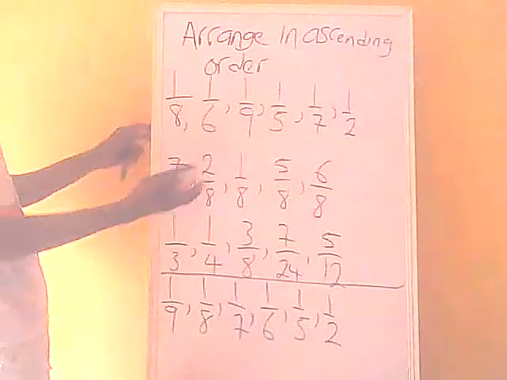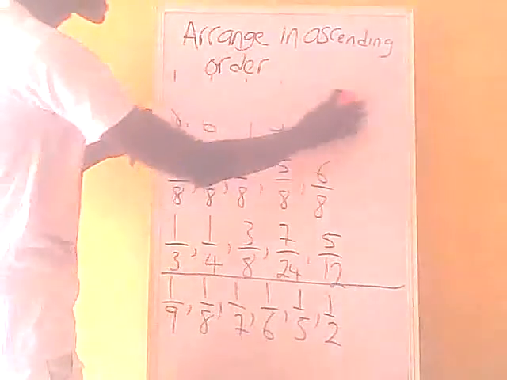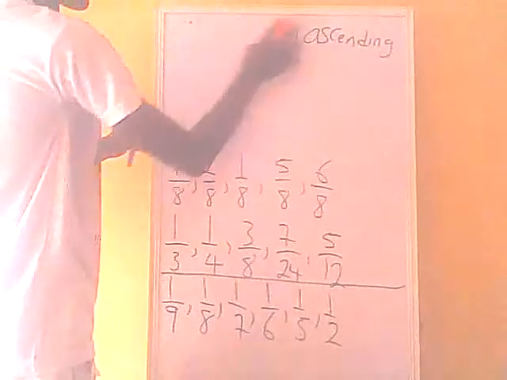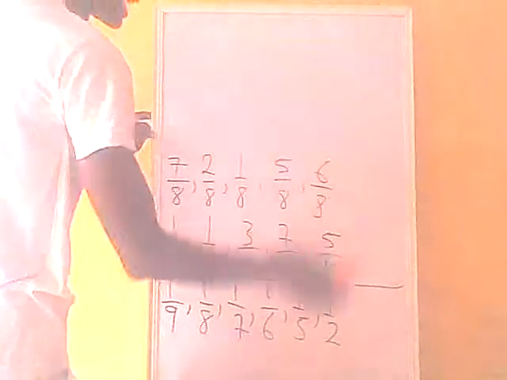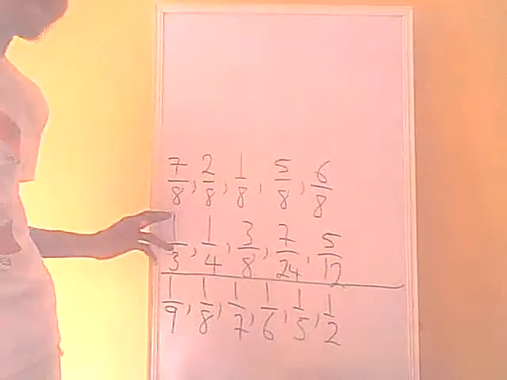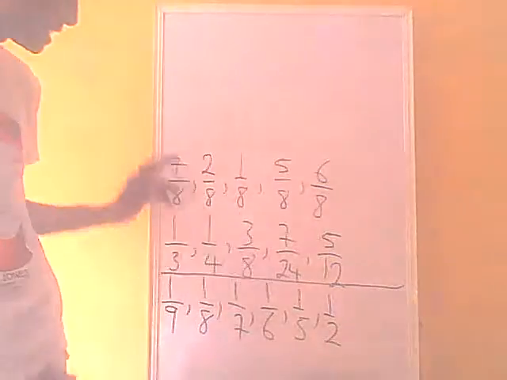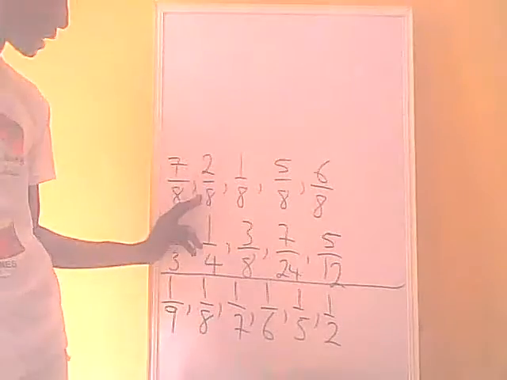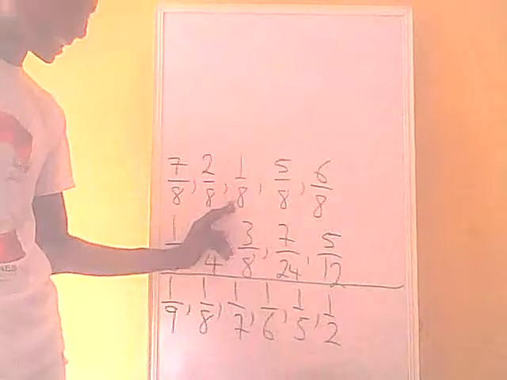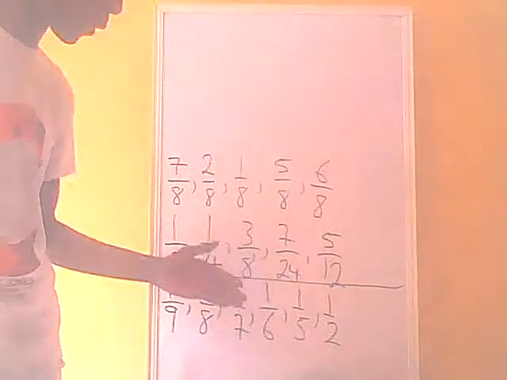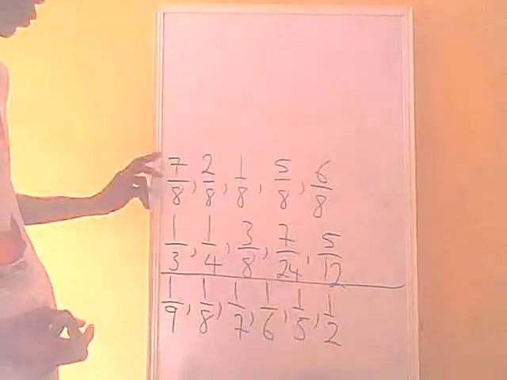Now, what about when we have the same denominator? How do we arrange that? When we have the same denominator, we are talking about, for example, 7 out of 8, 2 out of 8, 1 out of 8, 5 out of 8, and 6 out of 8. Which one is more? 7 out of 8.